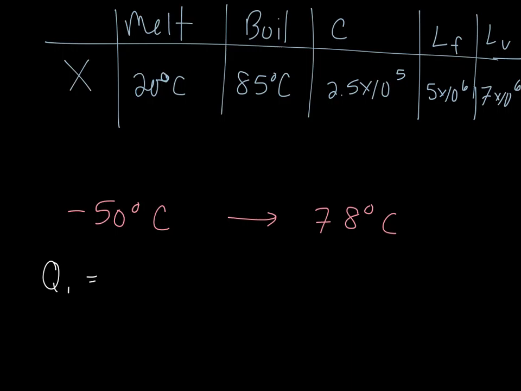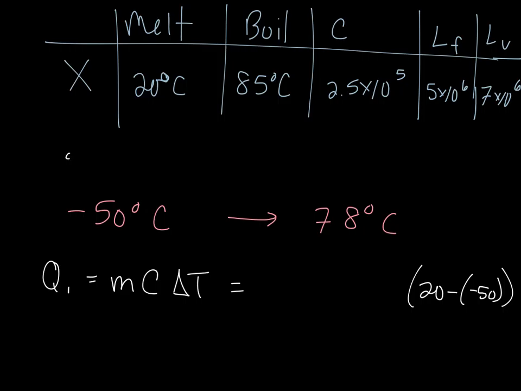So Q1 is going to be MC delta T because we know that there's going to be a change in temperature until it gets up to 20. So we're going to have final minus initial for the delta T right there. Final is 20, initial is negative 50. Again, I'm doing this in stages. I'm truncating the problem.